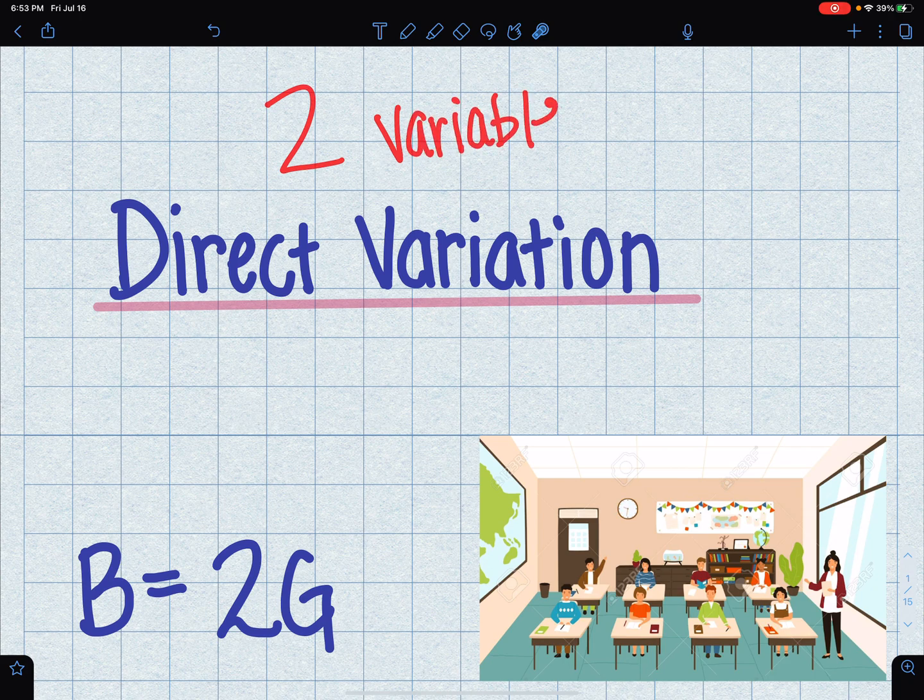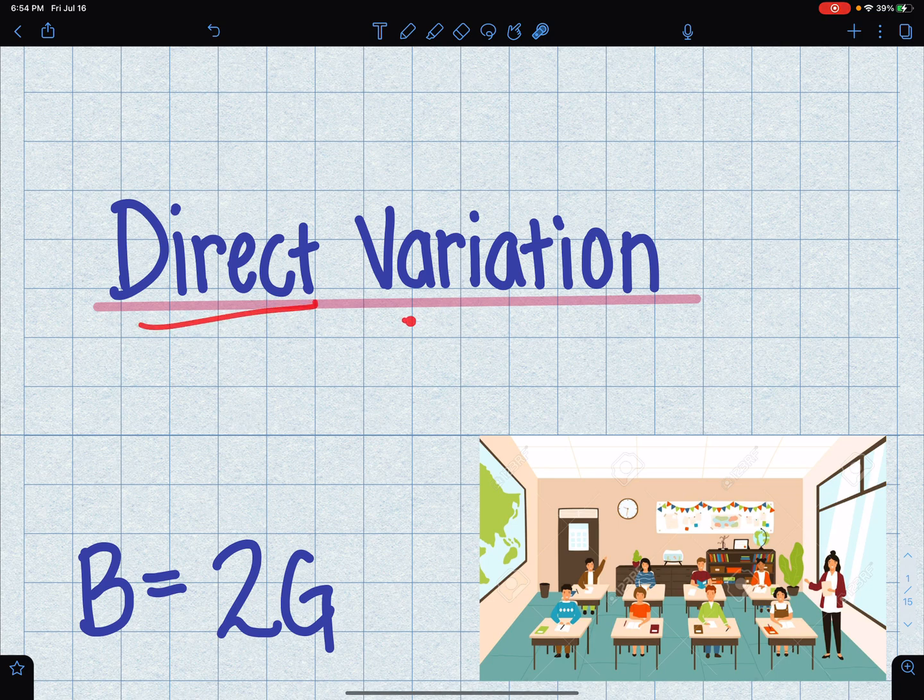In this first example, they talk about the number of boys, which they designate as B, and the number of girls, which they designate as G. If they have a direct variation with each other, that means that if the number of boys goes up, the number of girls goes up. And if the number of boys goes down, the number of girls also goes down. So that's what it means by direct variation.